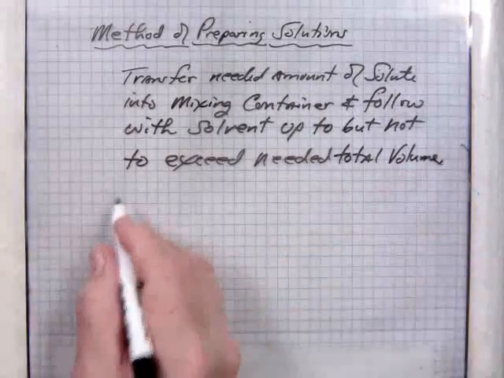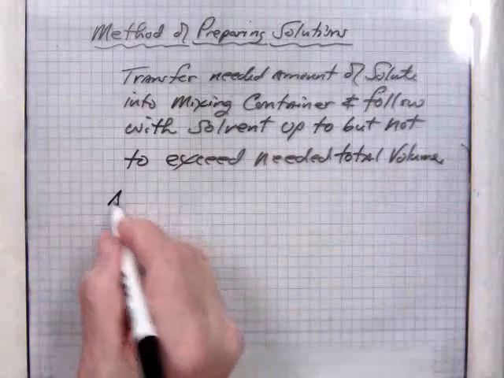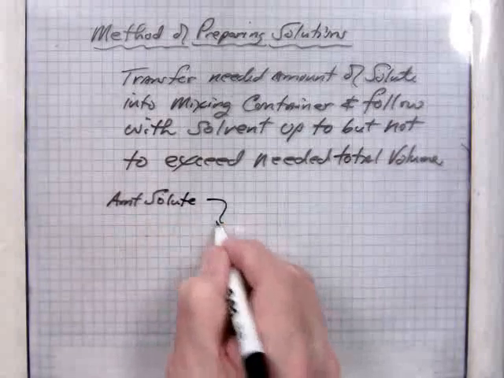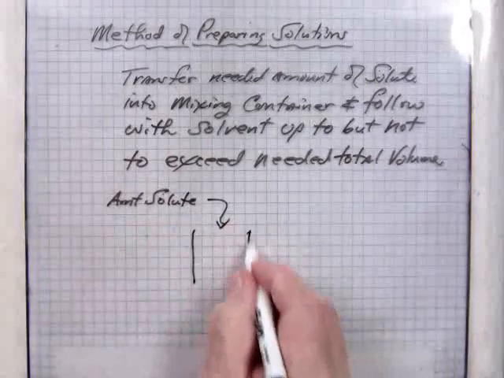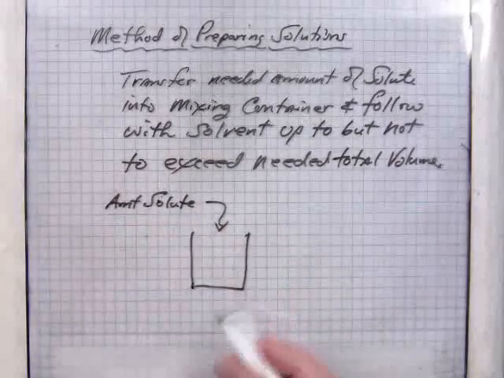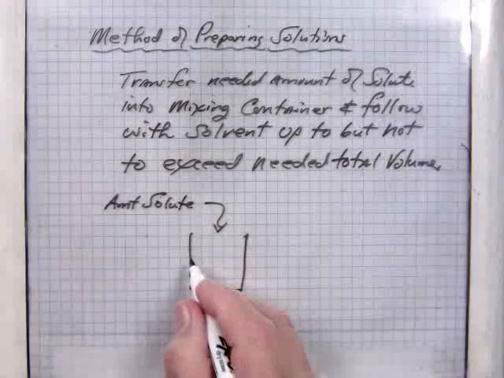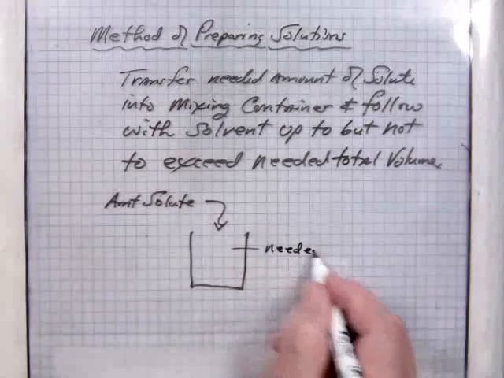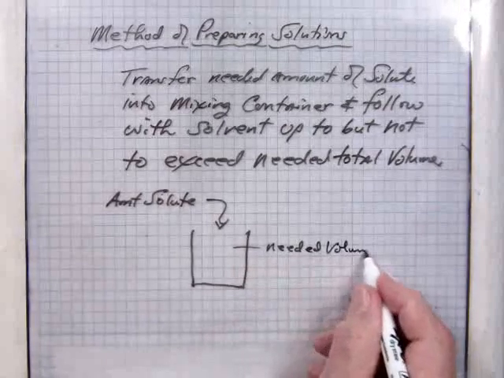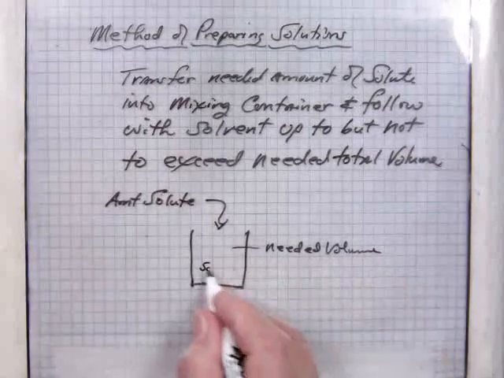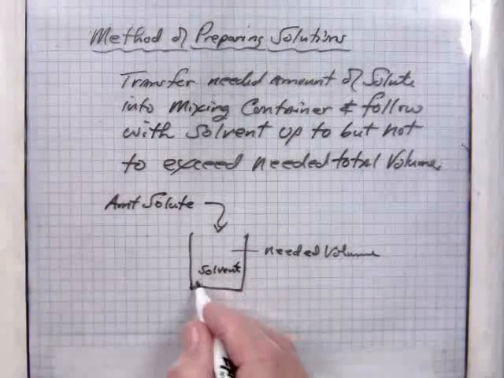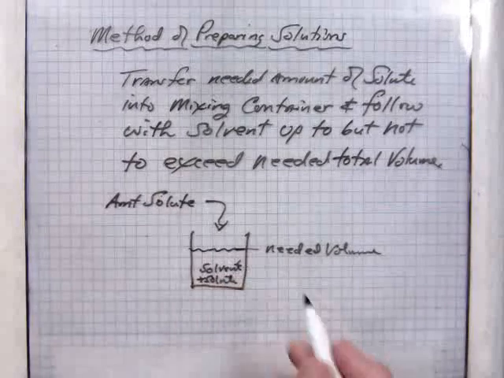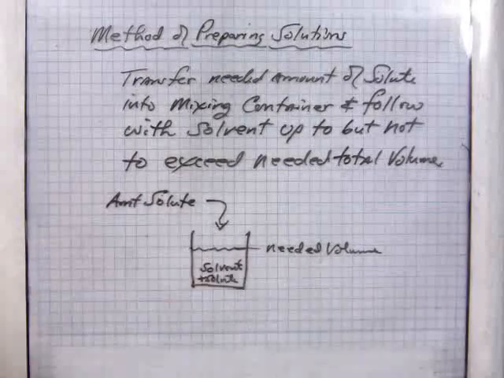So graphically, that was amount of solute, and you transfer that into your mixing container, whatever it is, and then you bring needed volume. So you have solvent plus solute mixed up to, but not to exceed the needed volume.